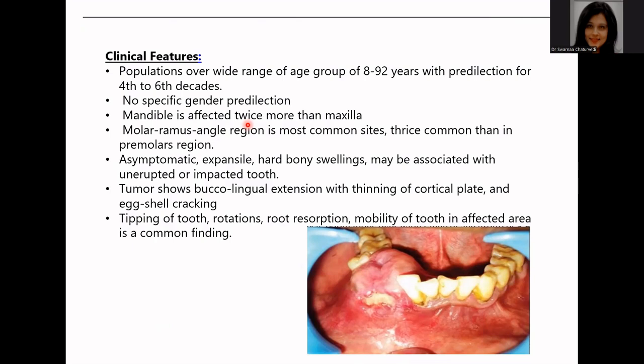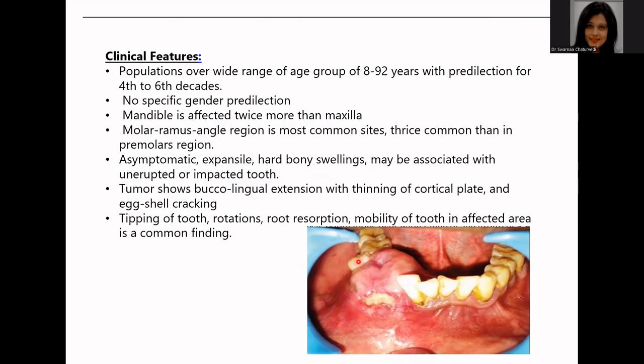Clinically it is an asymptomatic, expansile, hard bony swelling, which may be associated with an unerupted or impacted tooth. The tumor shows buccolingual extension with thinning of the cortical plate, and an eggshell cracking effect is there.